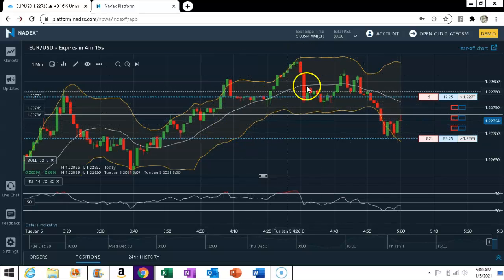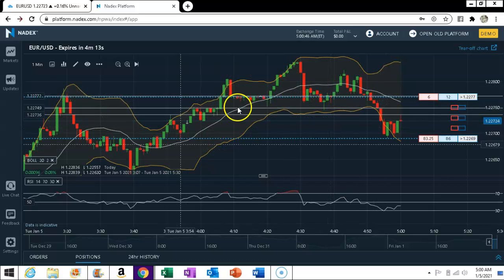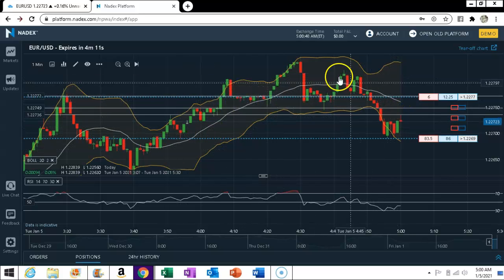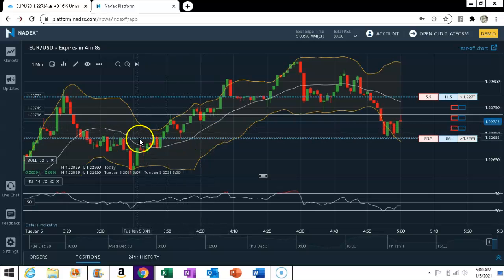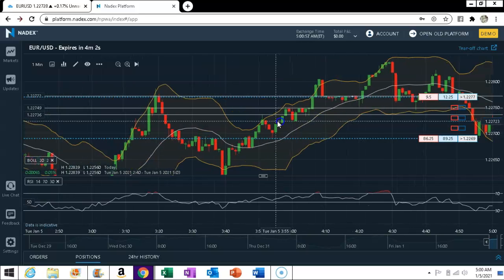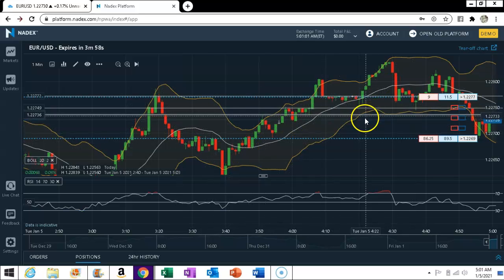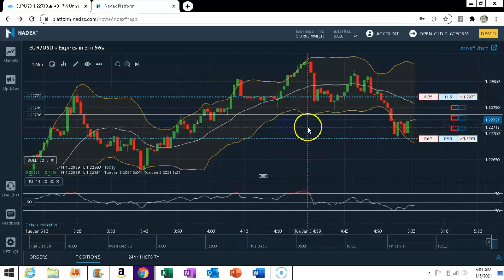And then the middle band is like a guide to help you also determine the support and resistance. And I will show you how this indicates support and resistance.